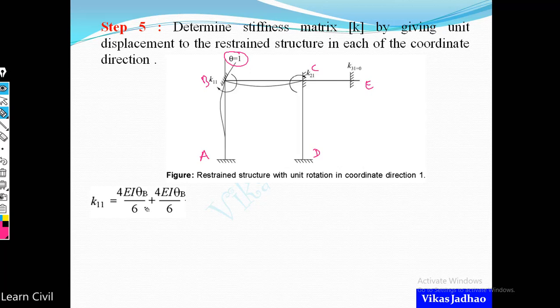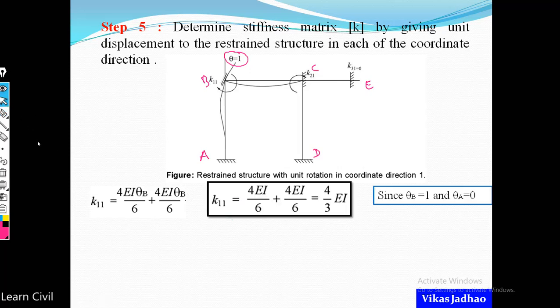Therefore K11 will be equal to the summation of stiffness of members BA and BC, and it will be 4EI by L plus 4EI theta B by L. Now we know that theta B is equal to 1 radian, therefore just substitute theta B equal to 1 radian in this equation. We get the value of K11 as 1.33 EI, since 4 by 3 is equal to 1.33.